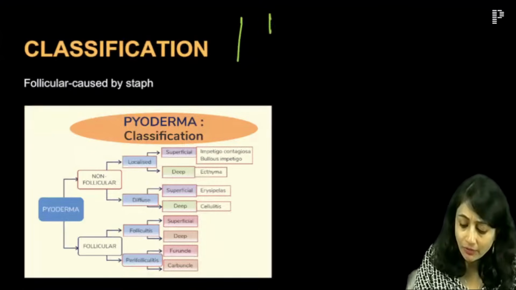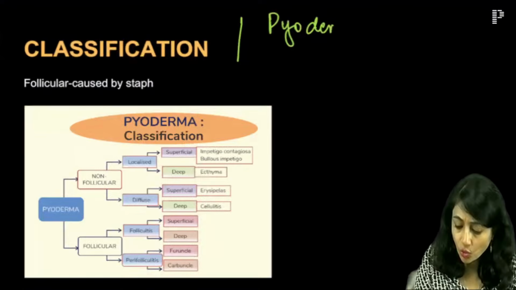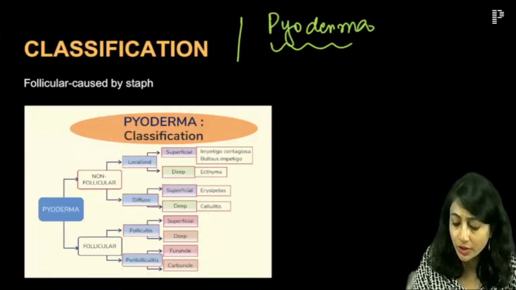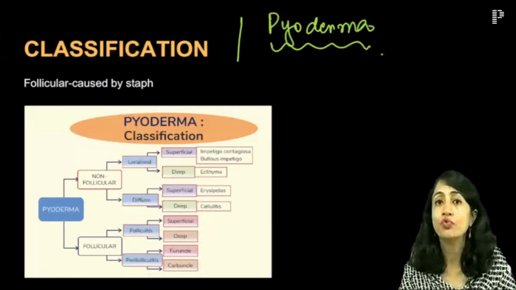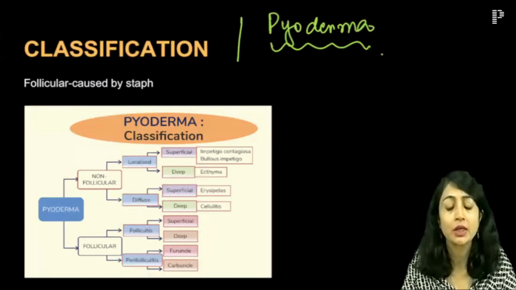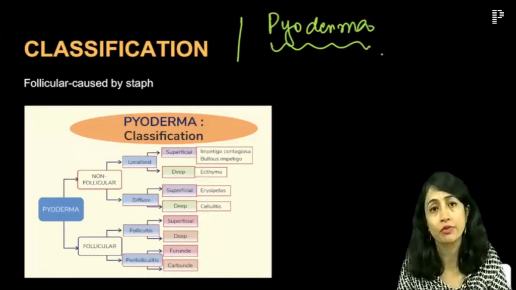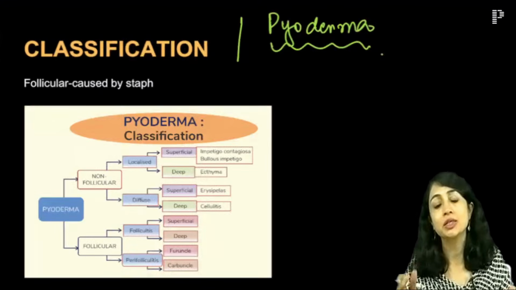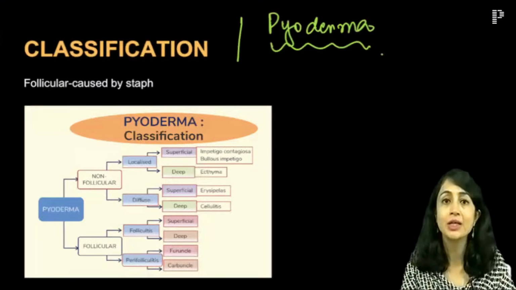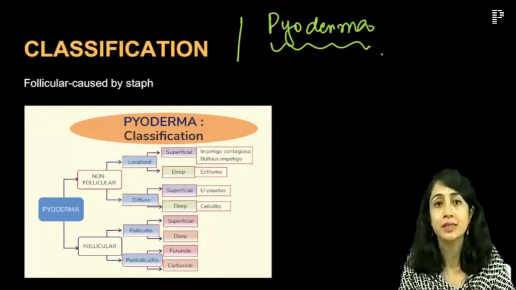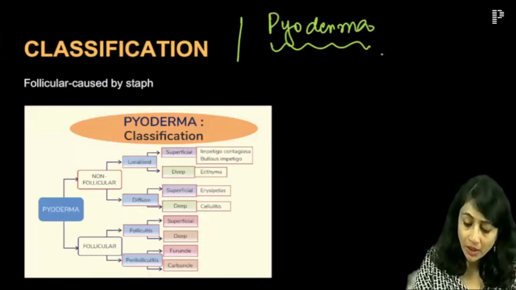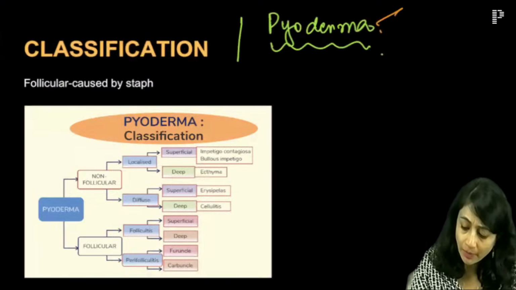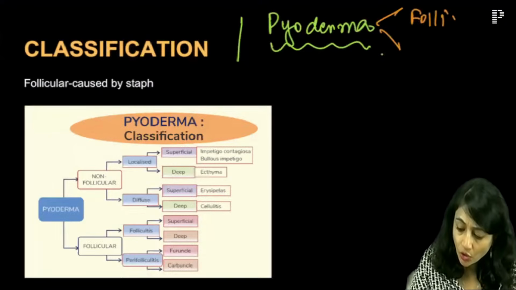Bacterial infections of the skin are also called pyoderma. Nobody is going to ask you this classification in the exam. This just helps you to memorize things easily and understand things better. Broadly, I divide pyoderma into follicular type and non-follicular type.